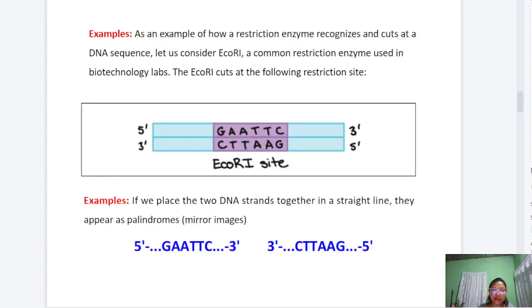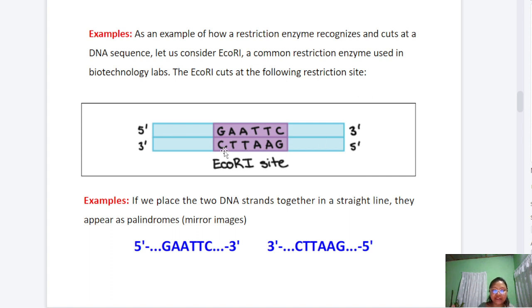So here, with a very good example, you can see how a restriction enzyme recognizes and cuts at a DNA sequence. So let us consider EcoR1, a common restriction enzyme used in biotechnological labs. EcoR1 cuts at the following restriction site.